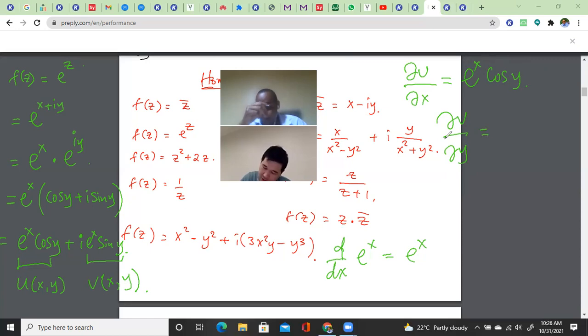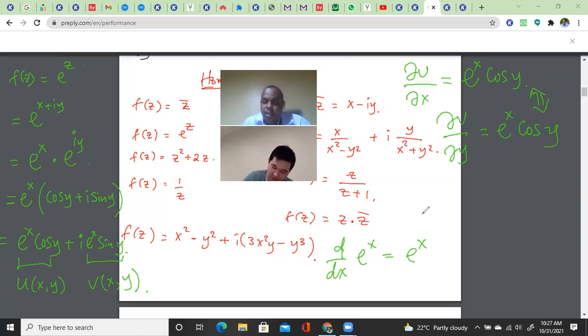dv/dy: you have to differentiate sine y. It will be cosine y, and we leave e to the x the same, so e to the x cosine y. Are they equal? They're equal, so the first condition is satisfied.